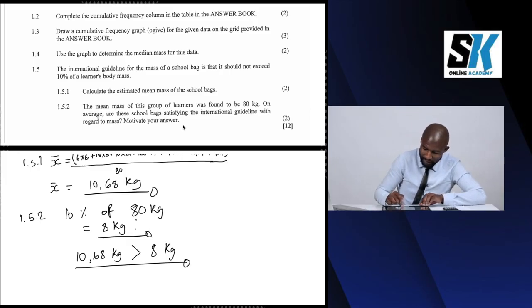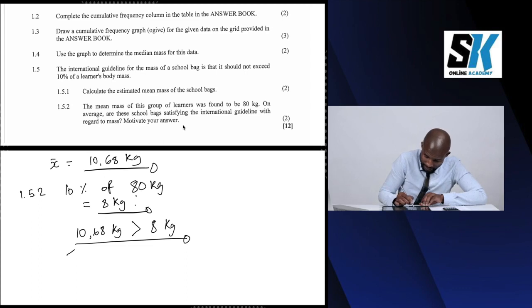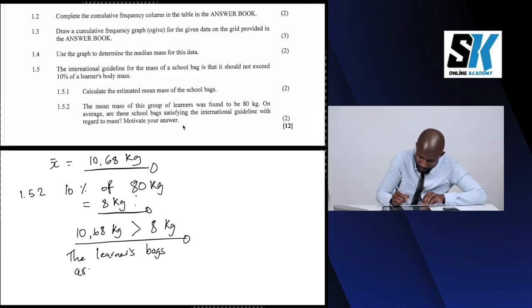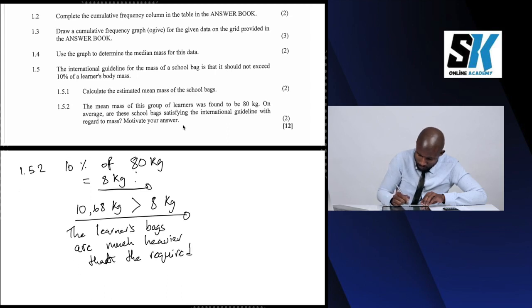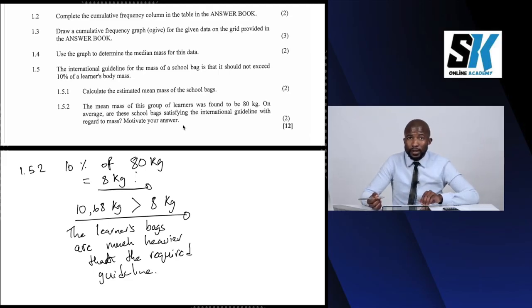Therefore, to motivate your answer, the learners' bags or school bags are much heavier than the required guidelines. So that is how you would motivate your answer.